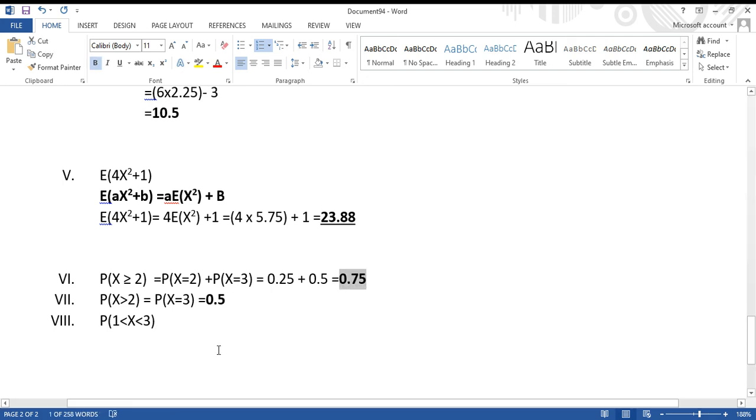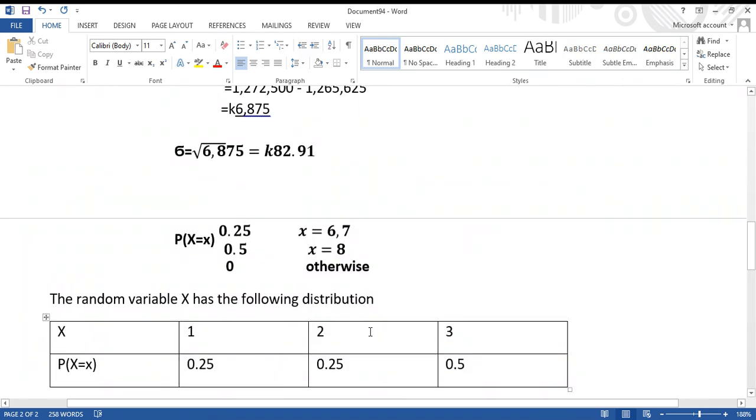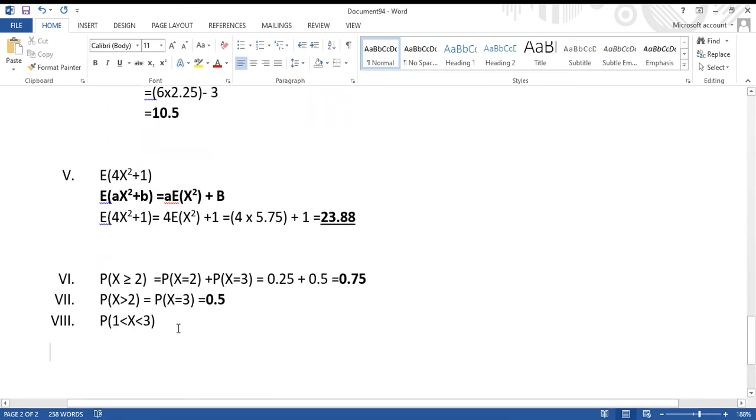Then the final one, we have the probability of the random variable being greater than 1 but less than 3. Looking at the table, greater than 1 but less than 3 means the value has to be 2. So that equals the probability that X is 2, which is 0.25.